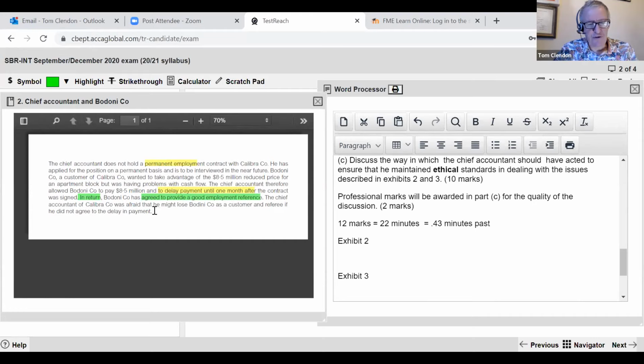The chief accountant was afraid, fear, I don't like fear, that he might lose Bodini as a customer. If he's worried about losing them as a customer, I get that. That's why you would be nice to them. And referee. Ooh, and referee. So there's mixed feelings there about why he may have done that favor.